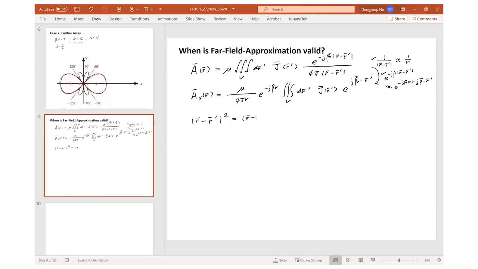We can rewrite this as an inner product of r minus r dash with itself. It's going to be r squared minus 2 r dot r dash plus r dash squared. Then we can factor out the r squared terms. Now we can take the square root of it, then r times the square root of.